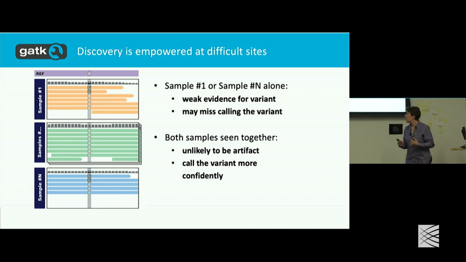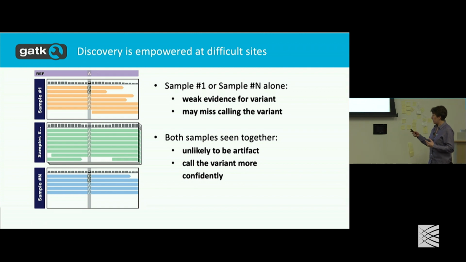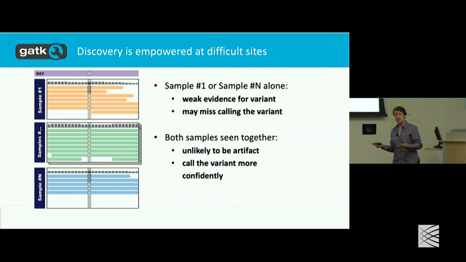That's a big problem. This is an example with a few samples. If we look at just sample number 1 here at the top, you see that I don't have a lot of reads. I just have 6 reads, which is kind of low. I have 4 of them that are the reference allele A, then I have 2 of them that are a possible variant allele G. But that's really not enough evidence.